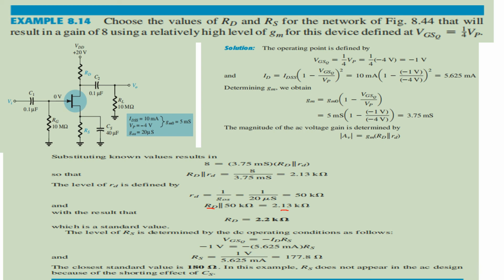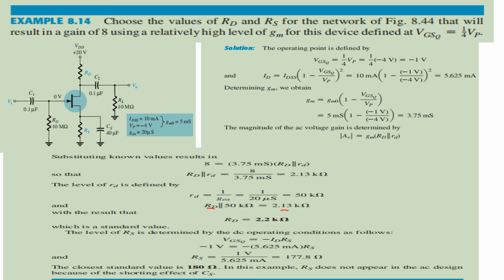Further, the level of Rs is to be determined. So go to the input side. Find out the voltage drop between gate to source. So it is minus IDRs. At DC level, all capacitors are going to be open circuit.